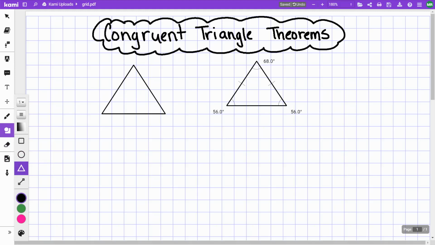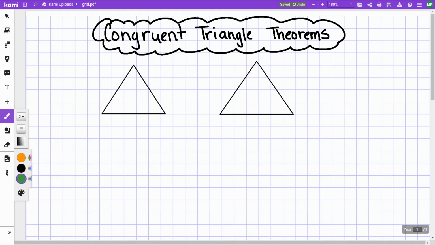So just so we understand, again, for things to be congruent triangles, I need all three sides to be the same, and I need all three angles to be the same.